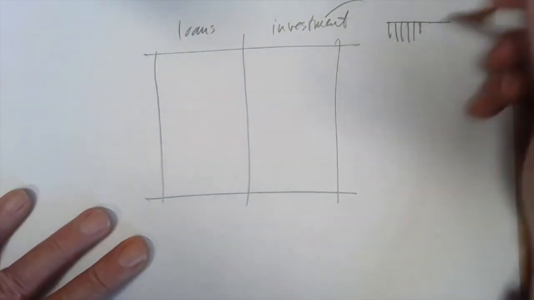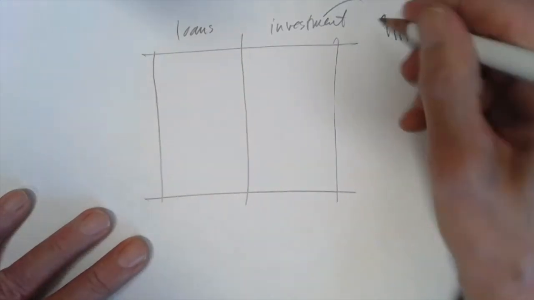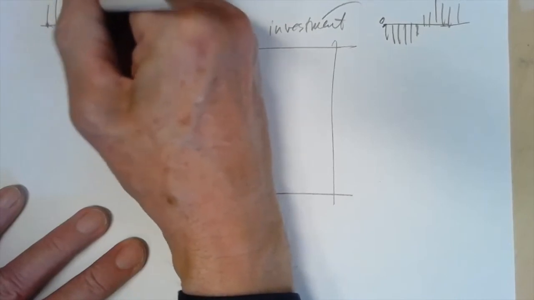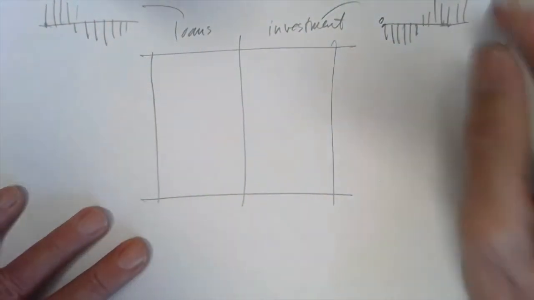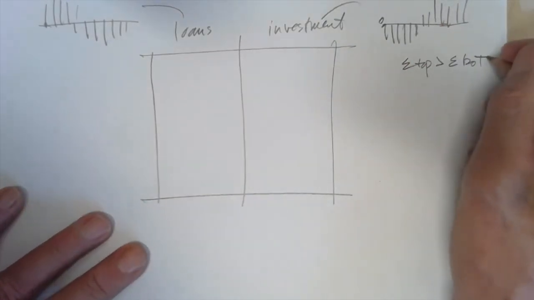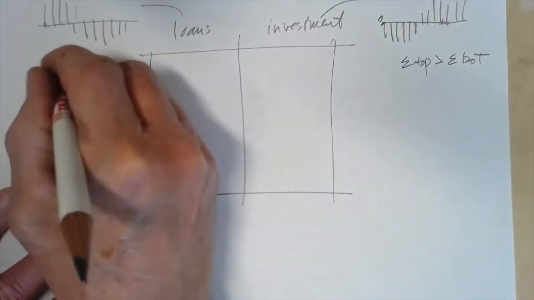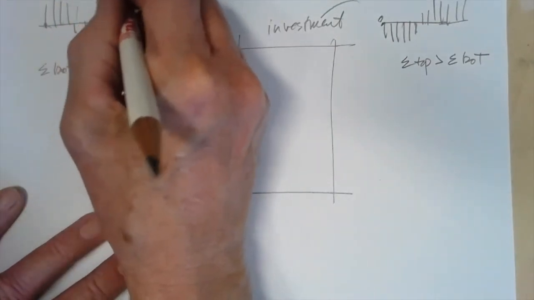You are dispersing money now, hoping you're going to have a greater amount return in the future. A loan is you receive money now, and you have to pay it off in the long run. Now remember, it's very important to remember that the sum of the top is greater than the sum of the bottom for an investment, and that the sum of the bottom is greater than the sum of the top for a loan, in your cash flow diagrams.